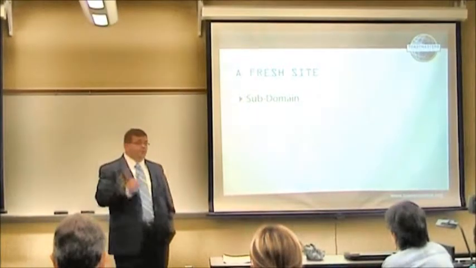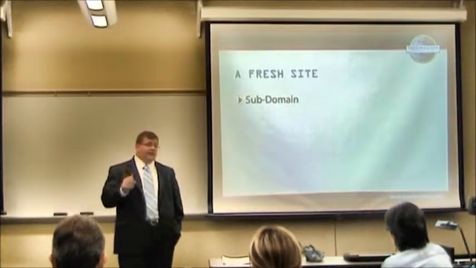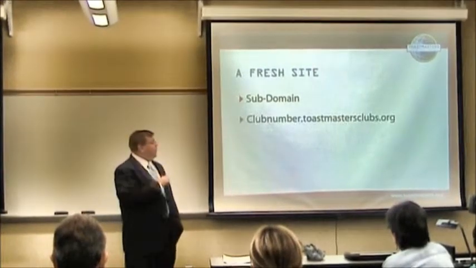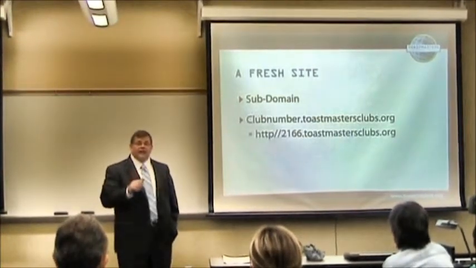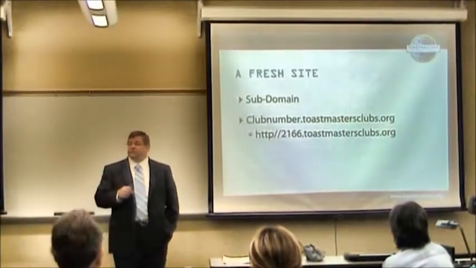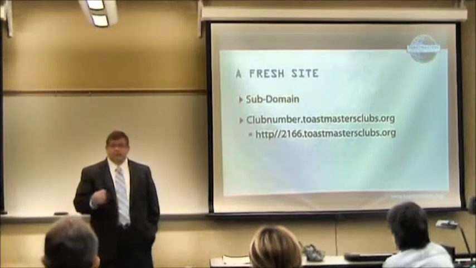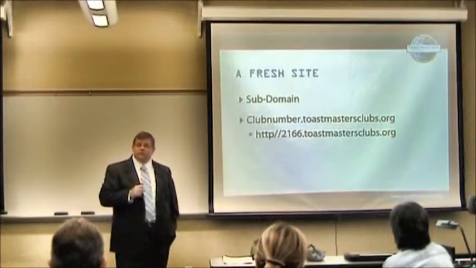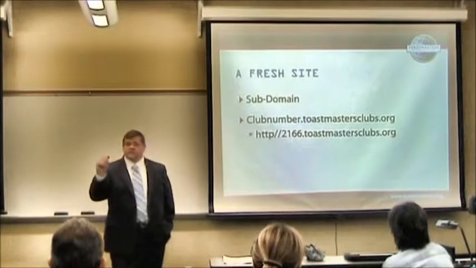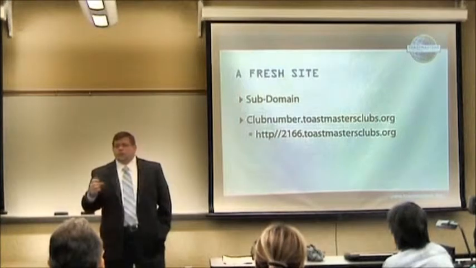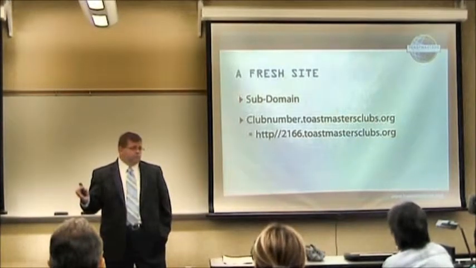And a subdomain is just simply a domain name with a period in the middle of it. Okay? For all clubs, it's clubnumber.toastmastersclubs.org. For Donahue Dunedin specifically, our club number is 2166. So our first free Toast Host domain name was 2166.dunedintoastmasters.com. Now, what does that mean to you?